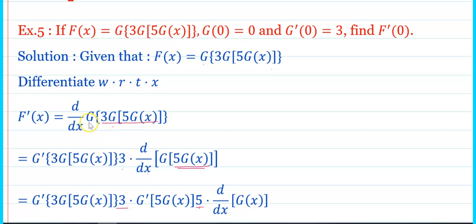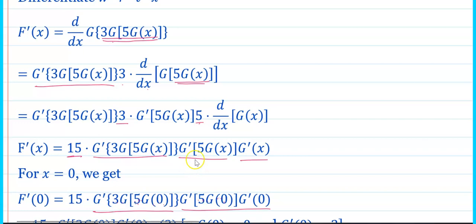First, the derivative of g of 3g in bracket 5g of x is g dash of, we put a dash on it here. Next, the derivative of the inner part, for that I make a double underline here. This is the double underline. This 3 is a constant, so we took it outside: d/dx of g of 5g of x. Next, here the derivative of g of 5g of x is again g dash of 5g of x. Again here I am making the double underline as a derivative.